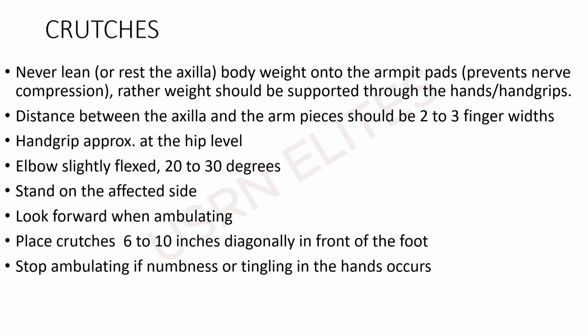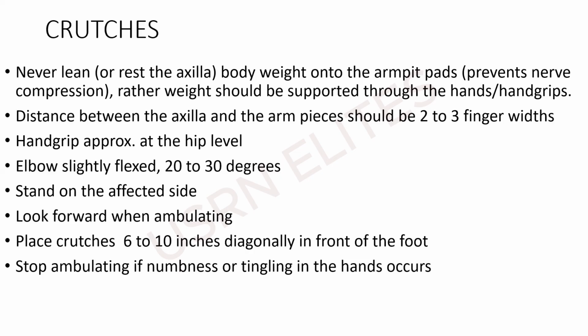Okay. Distance between the axilla and the arm piece should be at least 2 to 3 fingers. Please note that the armpit pad, or the arm piece, shouldn't go all the way to the armpit.